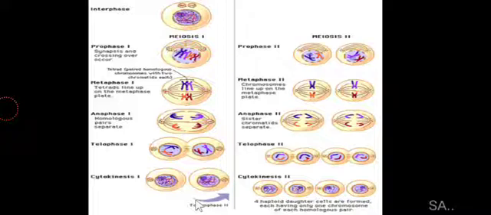Then we saw zygotene, in which the pairing up, synapsis, of the homologous chromosomes happens. Then we had pachytene, in which chiasmata formation happens, and in the diplotene stage the crossing over was taking place, and in diakinesis the separation of homologous chromosomes, termed terminalization.